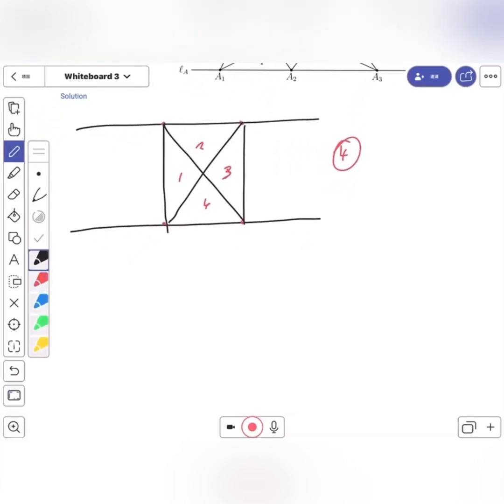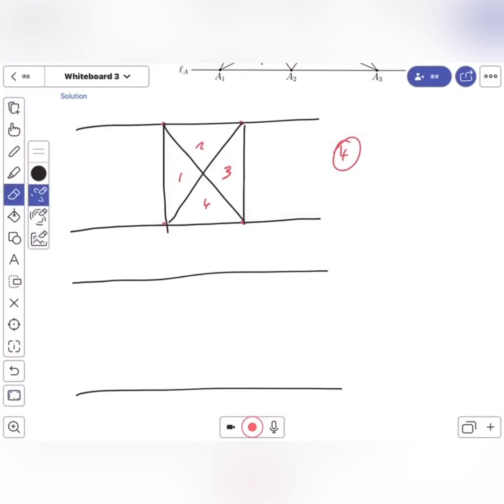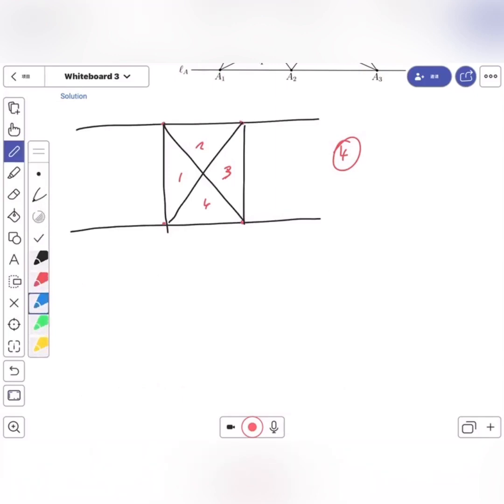Now what about the case when m is equal to 2 and n is equal to 3? This encourages us to think about this problem recursively.